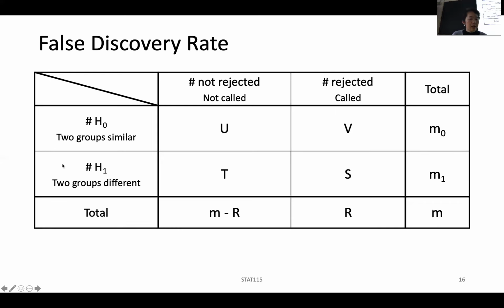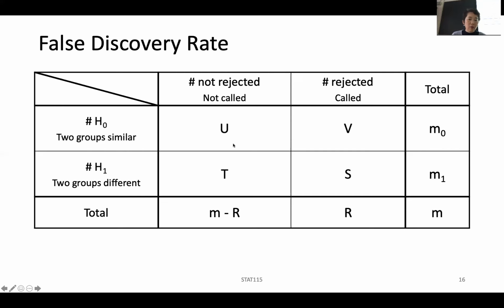In the alternative hypothesis, you are saying that actually the two groups are different. And then the columns indicate, for whatever statistical test, whether you make a call to say they are different, or not different, which means whether you reject or do not reject the null hypothesis.